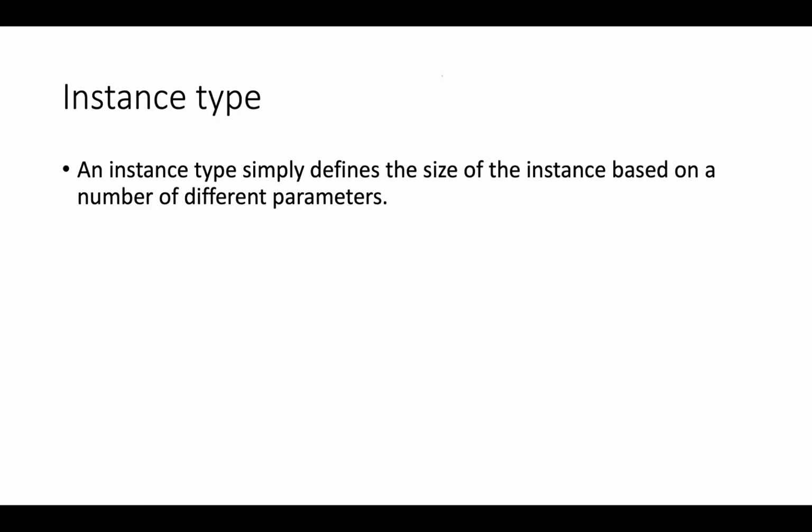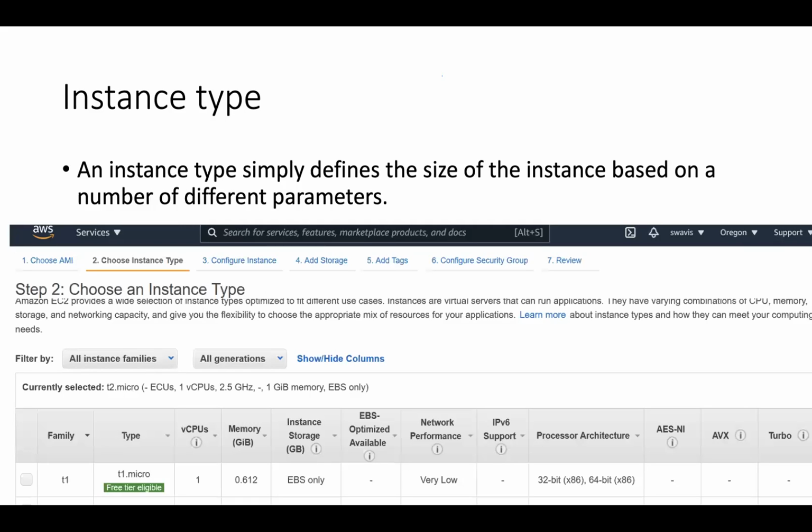Next, instance types simply define the size of the instance based upon a number of different parameters. If you see here, vCPU is the number of virtual CPUs on the instance.